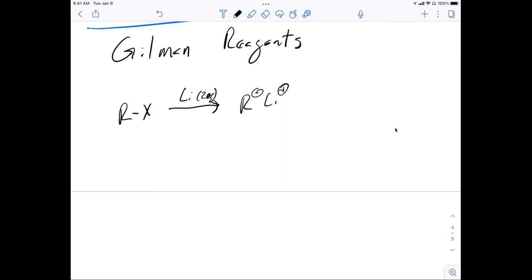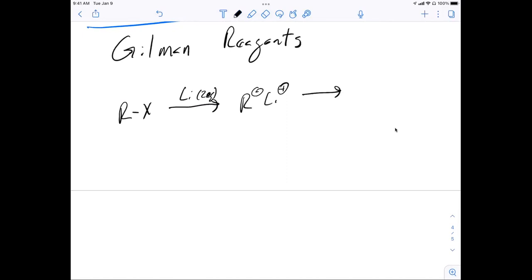We lose the X there. And then that reacts with copper halide to end up giving us the cuprate. Okay, and this is known as our Gilman reagent.